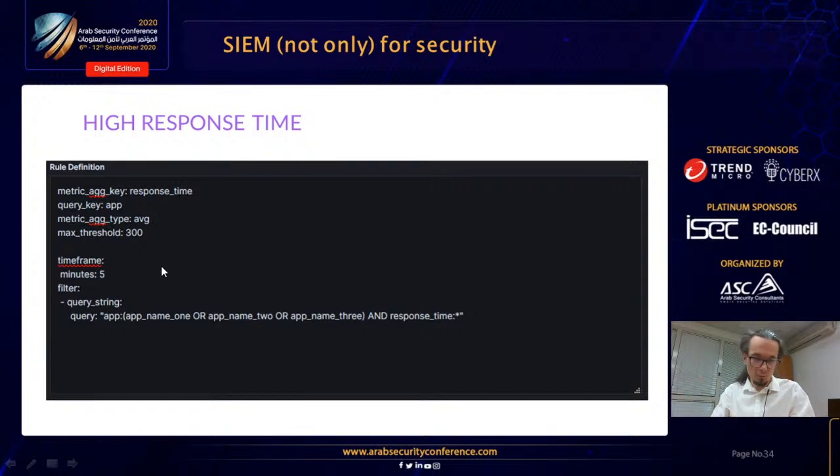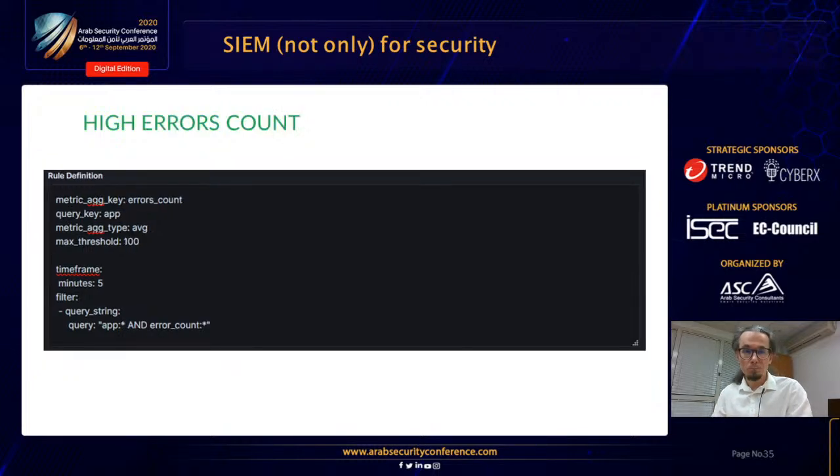That would mean that we are calculating the response time average value. We have the threshold of 300, so we are checking if the average value is more than 300 over the 5 minutes time frame. If it's higher, then this is an alert. If not, then not.